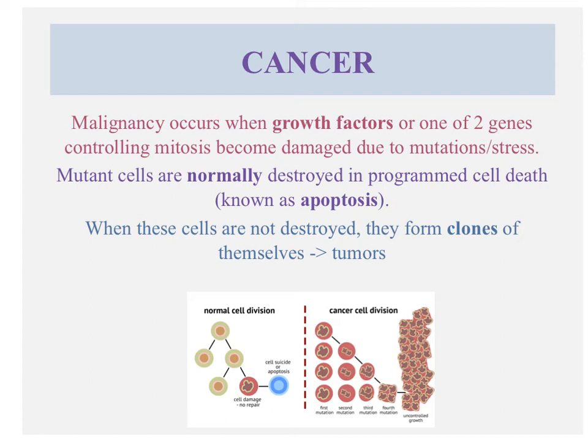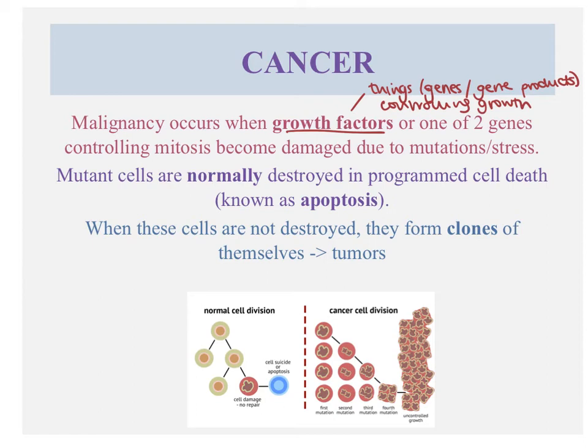So malignancy, or the development of a malignant tumour, occurs when growth factors are damaged. Okay, so growth factors are things controlling cell growth, normally genes or gene products, which we will look at next year. When those controlling growth are damaged, this is because of mutations, maybe just something's happened over the DNA replication process and they've become a little bit broken, or stressors.